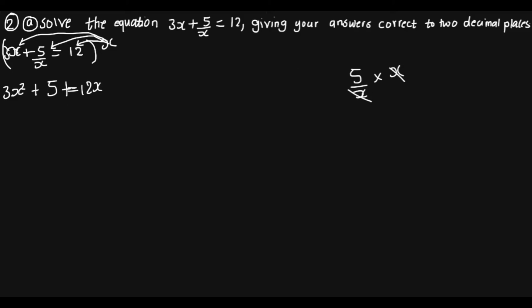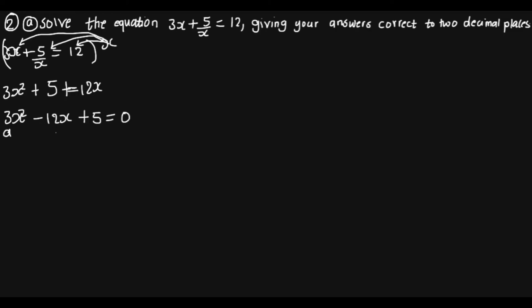Now we just need to move our 12x to the left side. This will give us 3x squared minus 12x, the sign has changed, plus 5 is equal to 0. So we have it in standard form.